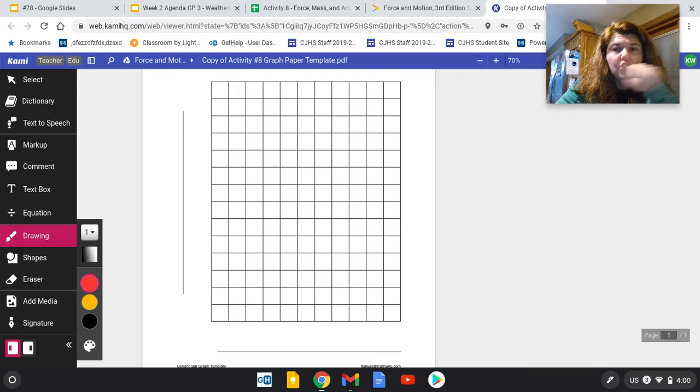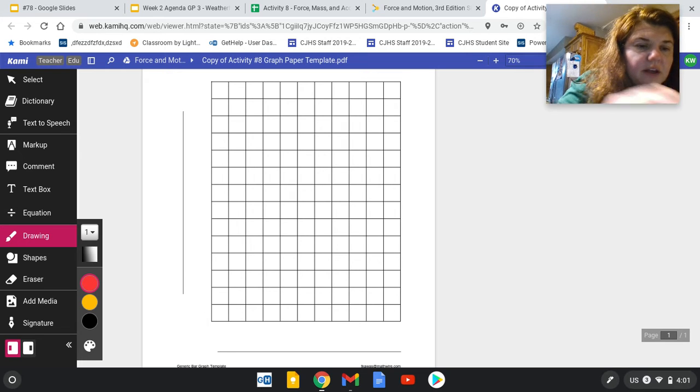X means no. Y means yes. Shake your head yes. So this goes up and down. So Y is the vertical axis. So that's something that we need to think about as well.